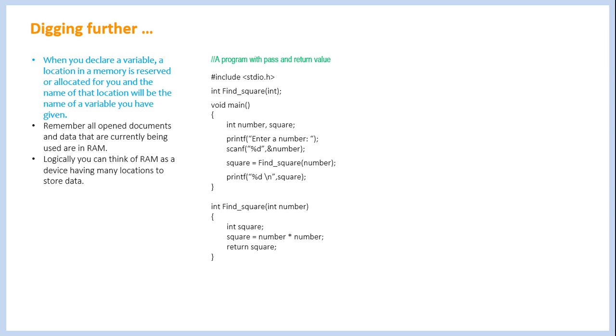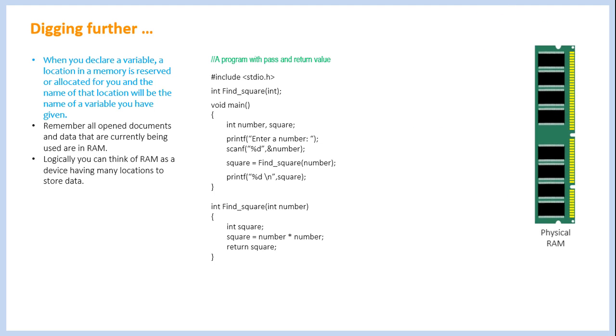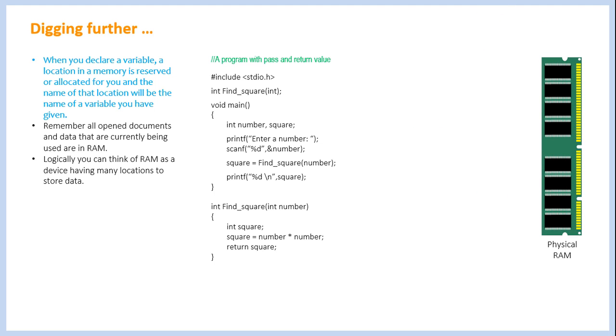Let's dig a little bit deeper, shall we, and see what really happens when you declare variables, what really happens when you pass and return values, and when you return a value in variables. Remember, all open documents and data that are currently being used are in RAM.